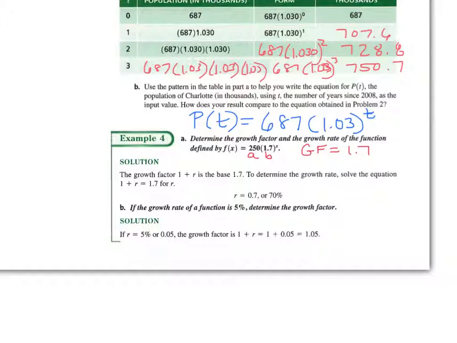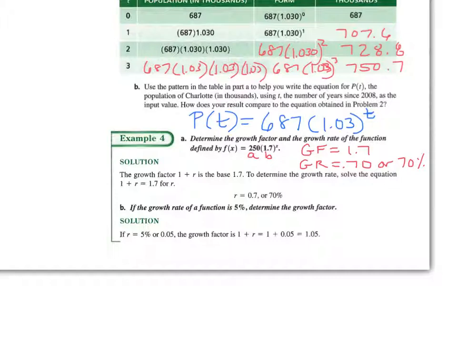Each time we plug in an X, we're raising 1.7 to that power. The 1 just means we're keeping that initial 250. And our growth rate, every time we move up an X, we're growing 70%. We could write it either way, as 0.7 or 70%.